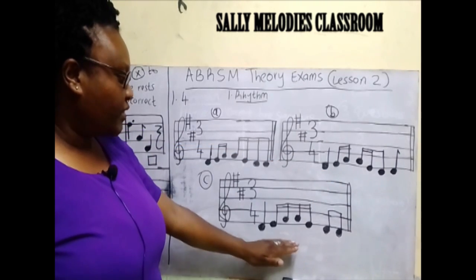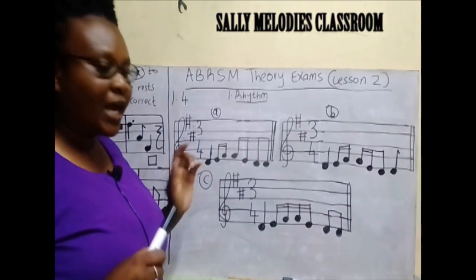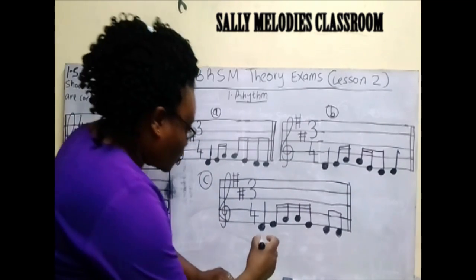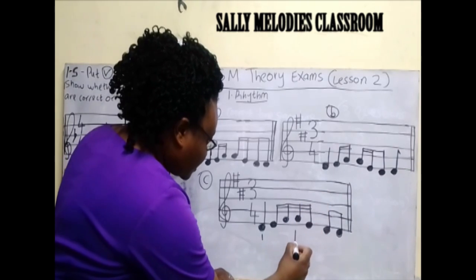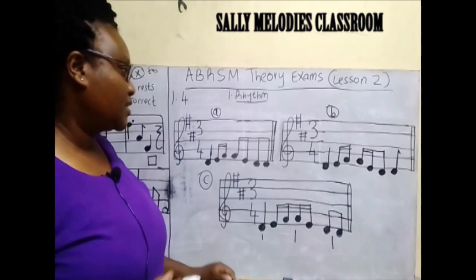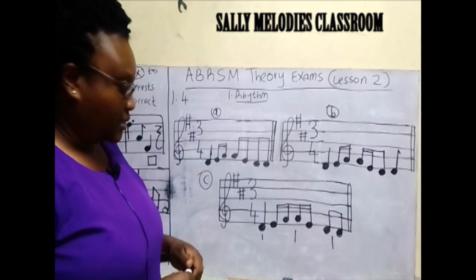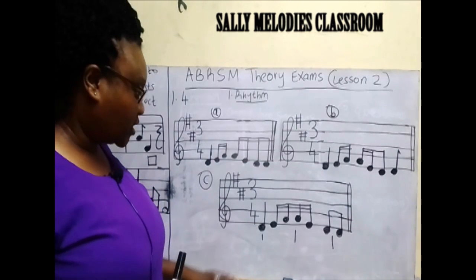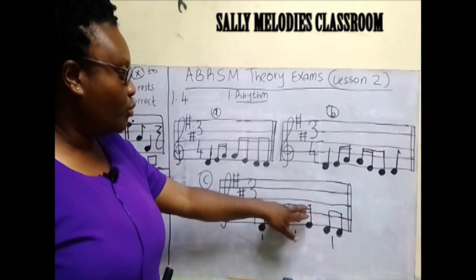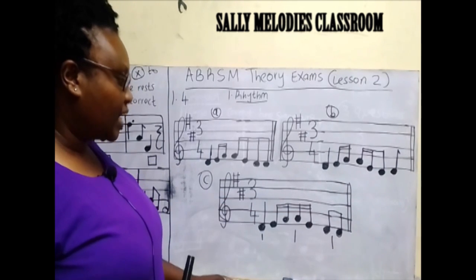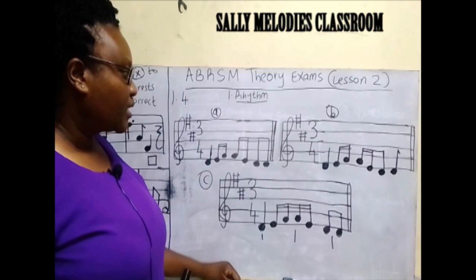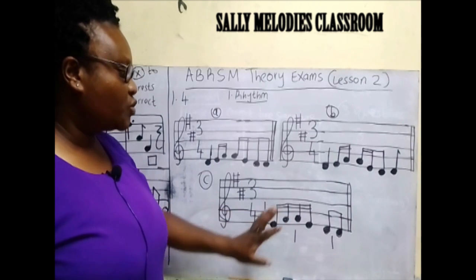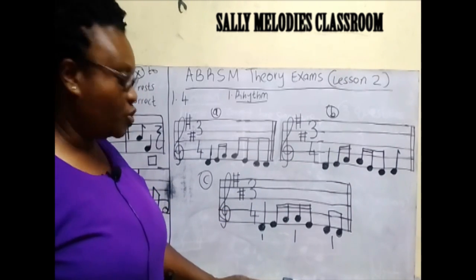But when you come to the third one, even by the look of your eyes, you will see that this is one beat, this is another beat, and this is another beat. And the beaming has been done correctly. Remember we said you beam the notes that are next to each other, and maybe, if possible, notes that are next to each other with the same value.